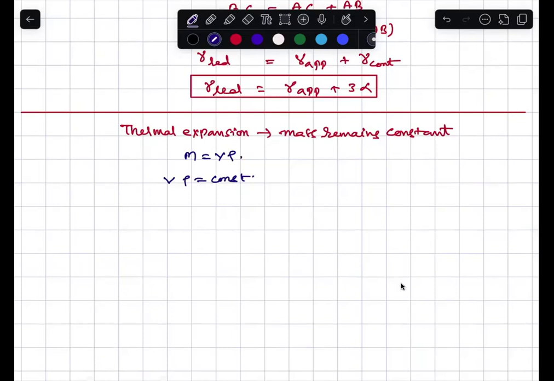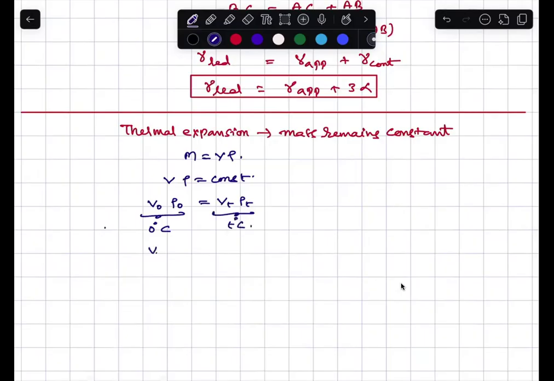Now, for example, V naught, rho naught corresponds to volume and density at 0 degrees centigrade. And Vt, rho T corresponds to volume and density at some T degrees centigrade.